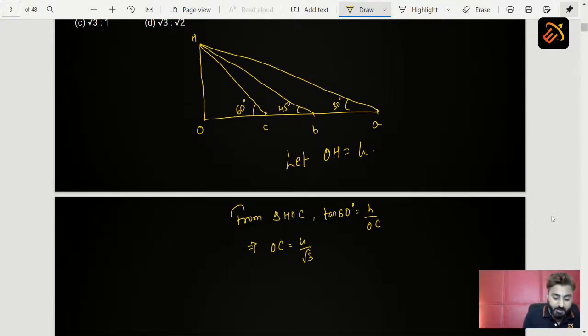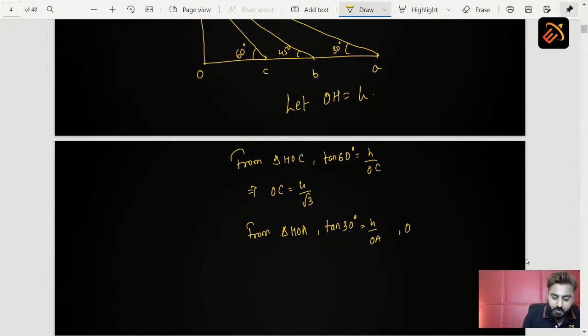Now from triangle HOA, we can say tan 30 degree is equal to H by OA. Now HOA अगर आप देखोगे यहाँ पे स्टूडेंट्स, ट्राइंगल HOA में tan 30 H by OA है. So from this we can say that OA is equal to H root 3.